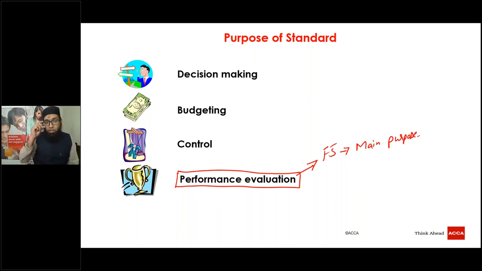That means first we will be calculating the variance, then ultimately with that variance we will be assessing the performance of different managers. And there is one more purpose: sometimes we use it for inventory valuation. We value our inventory, our closing stock, based on standards.